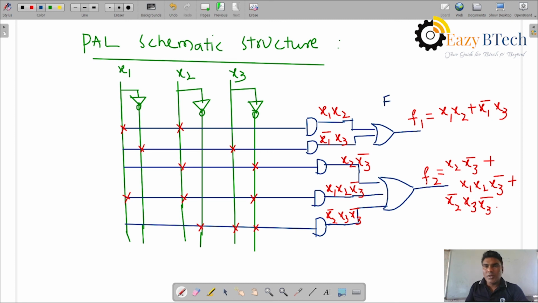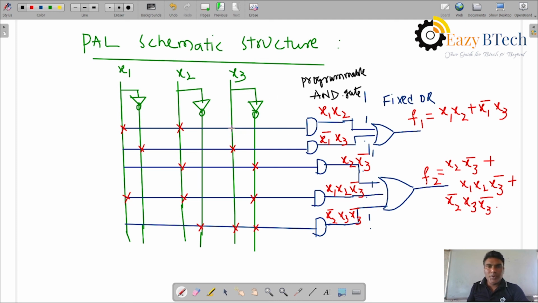So up to here it is programmable: programmable AND gates. These are the fixed OR gates, external OR gates.